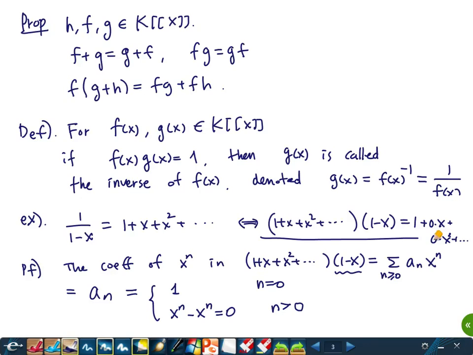Actually, I didn't really use the definition. I used another technique to do this. But if you really want to be very formal, you can prove this in this way. So let me prove this in this way.